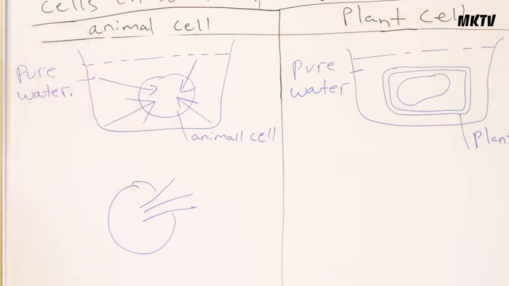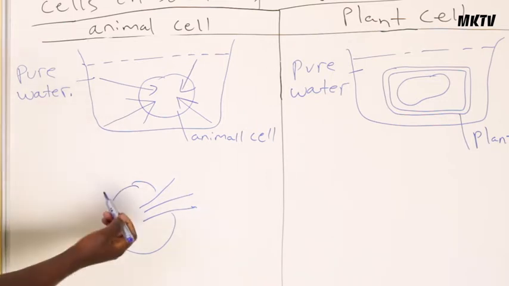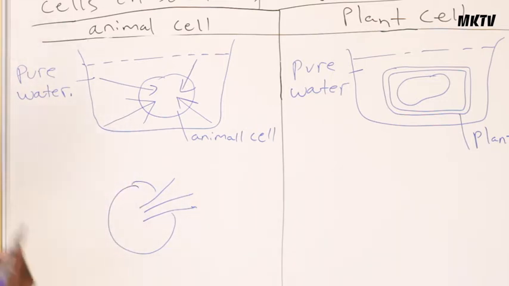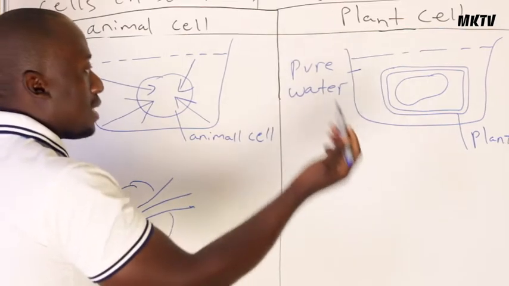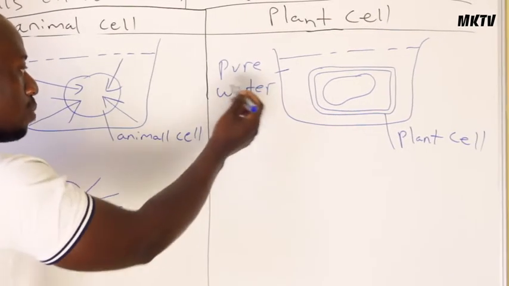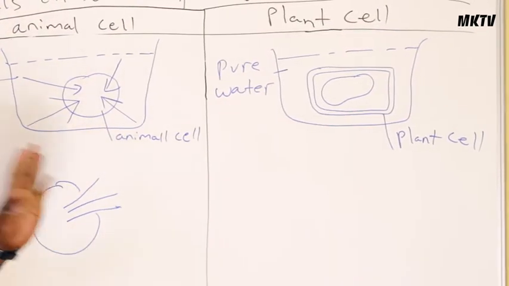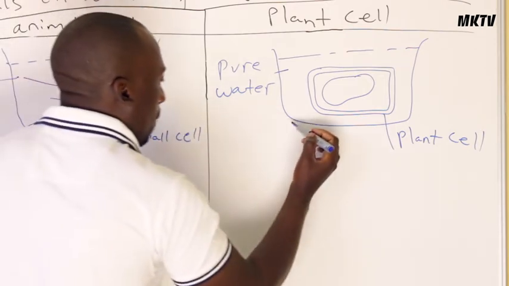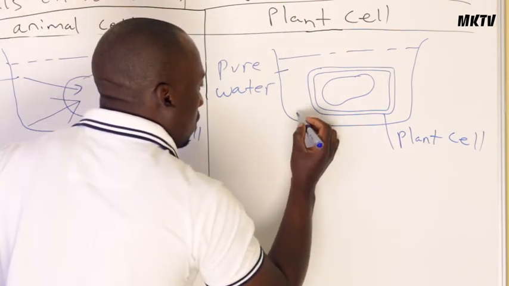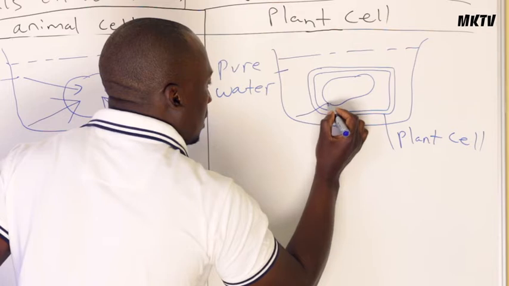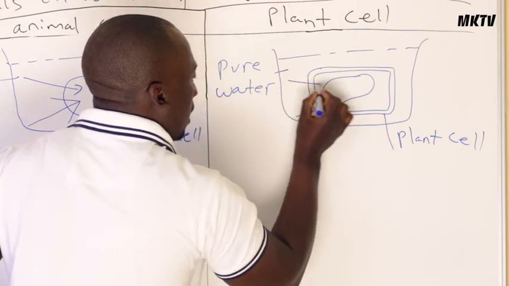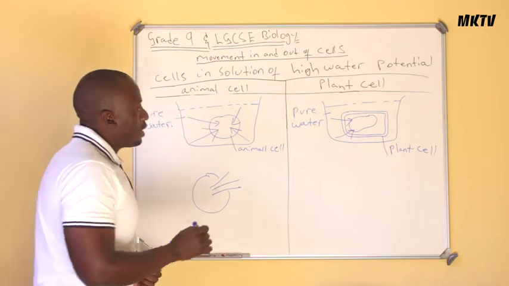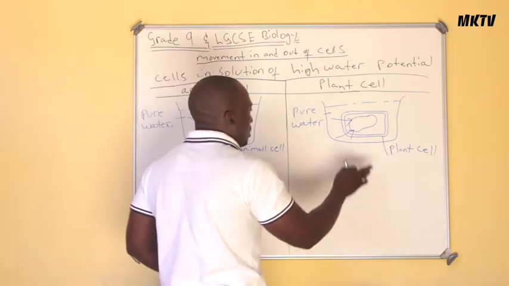So now, if an animal cell is going to burst because it has got no cell wall, let us see what will happen to a plant cell when it's in a solution of pure water that has high water potential. Water is going to move inside the plant cell by osmosis. So what happens when this water moves inside?